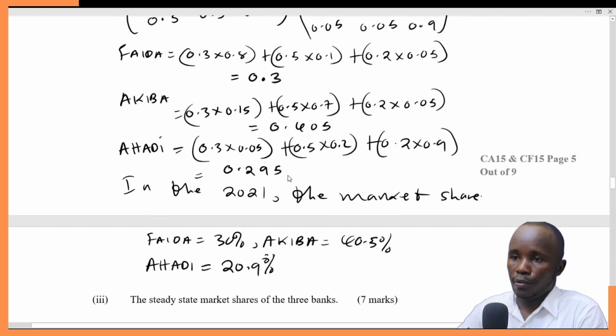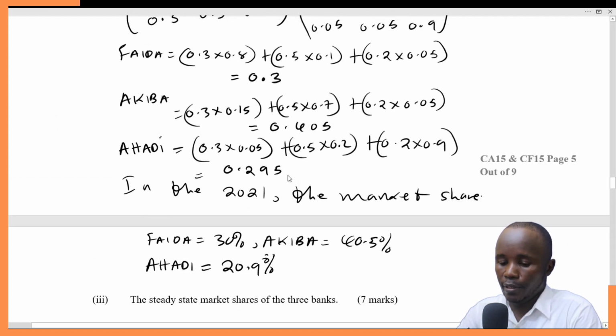For Faida it is 0.3 times 0.8 plus 0.5 times 0.1 plus 0.2 times 0.05.